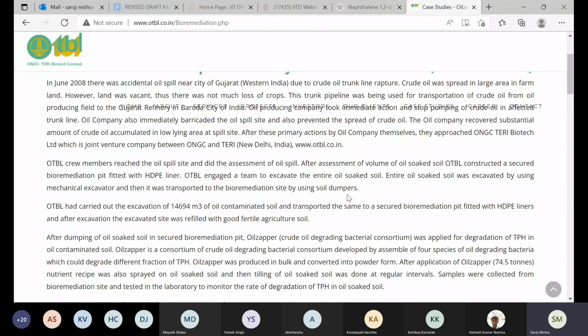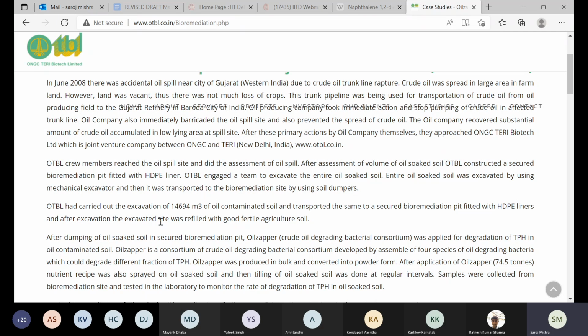So here is an example of ex situ remediation. Mechanical excavators, which are used for digging the earth and carrying the soil, were engaged in order to remove this contaminated soil and take it to some other site.